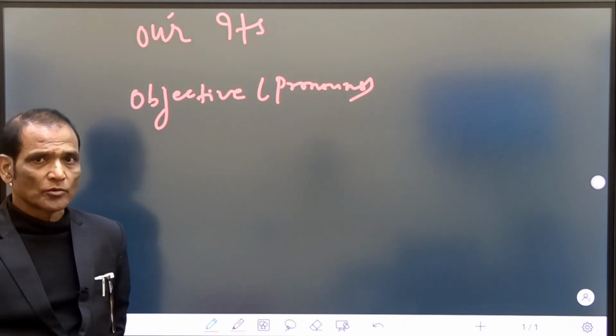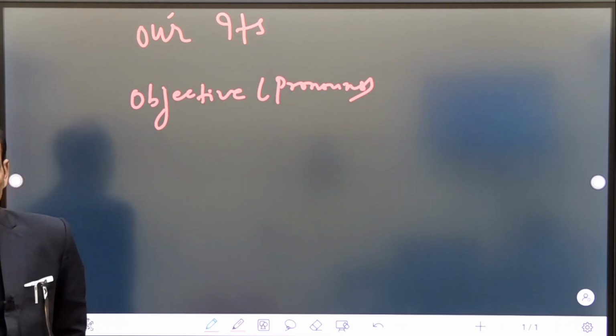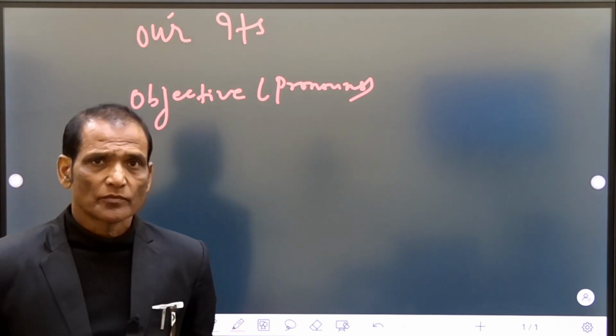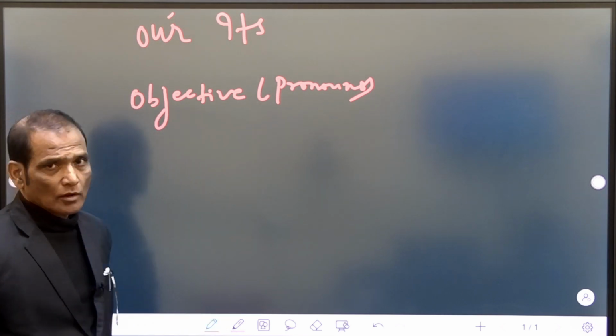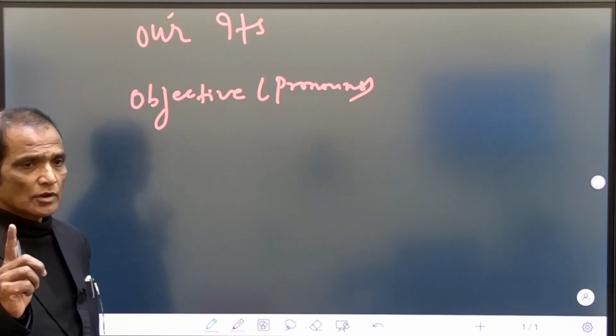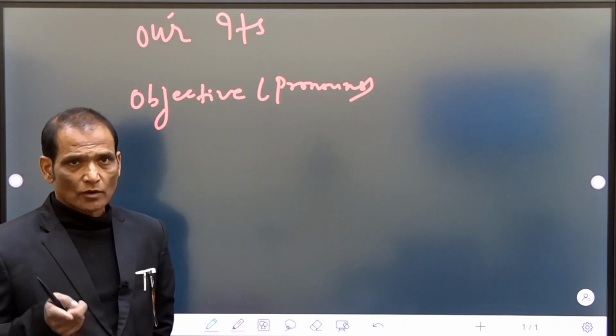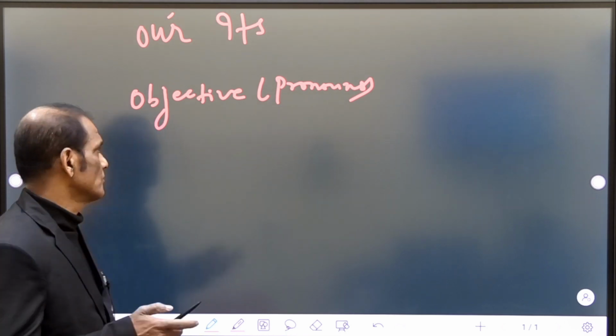The form of pronoun that is used as the object of the verb is called objective form of pronoun.